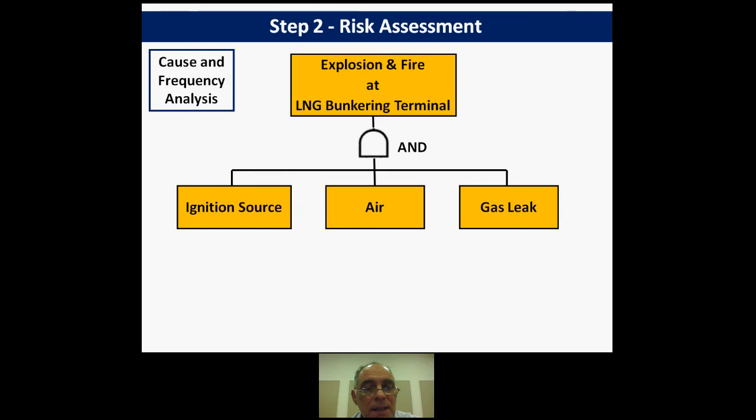And as we can see, in order to have an explosion and fire at the LNG bunkering terminal, all these three causes must be present. Therefore, knowing the probability or the frequency of occurrence of these causes, we can estimate the probability or the frequency of the explosion and fire at the LNG terminal.